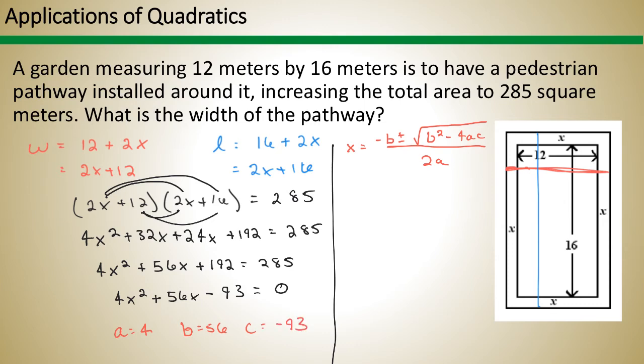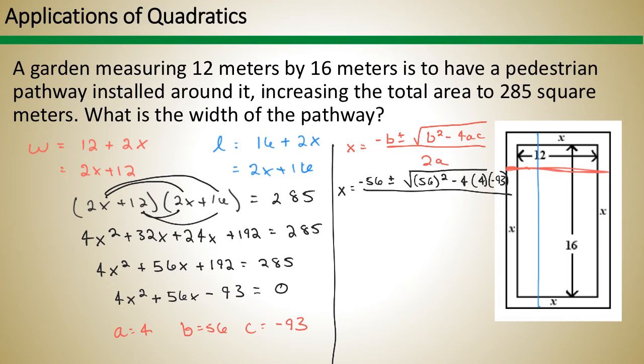So if I go back and sub those things in, I get x is equal to negative 56 plus or minus the square root of 56 squared minus 4 times 4 times negative 93.